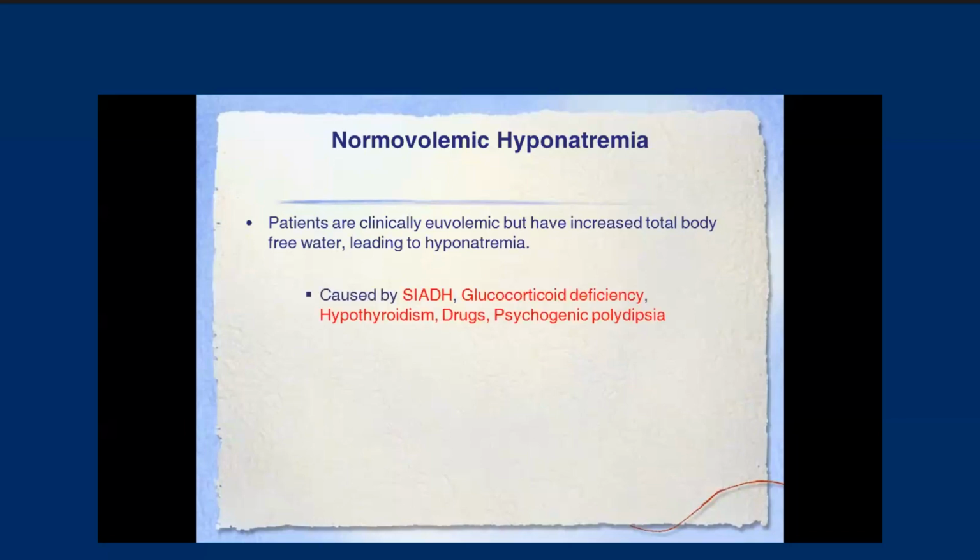But patients usually will not have signs of fluid overload like peripheral edema, pulmonary edema, ascites, and the like. So the most common cause is SIADH, the syndrome of inappropriate antidiuretic hormone secretion.